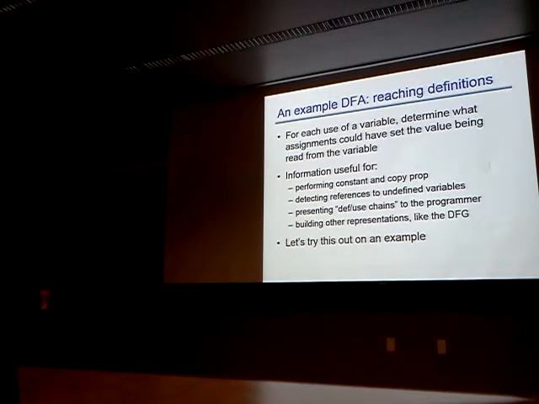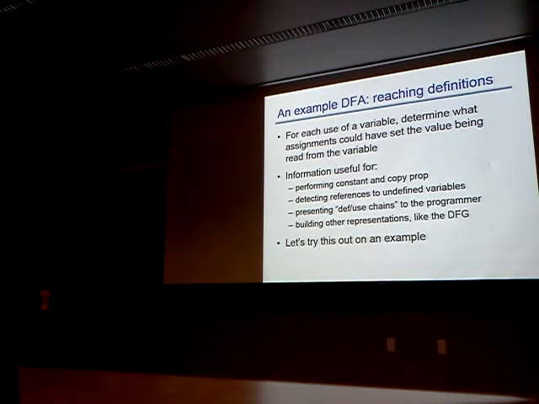So I have a statement, and it uses a variable, call it X. I want to know all the possible assignments to X in the program that could have created the value that I'm reading here. Does that make sense? I read X, and I want to know where this value of X could have come from.